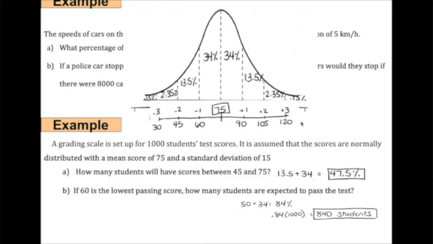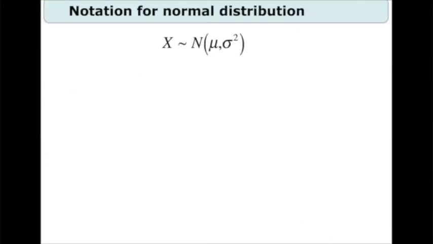The area under the curve is equal to 50% plus 34%, which is equal to 84%, or 0.84 multiplied by the number of students, which is 1,000. Then that's equal to 840 students.